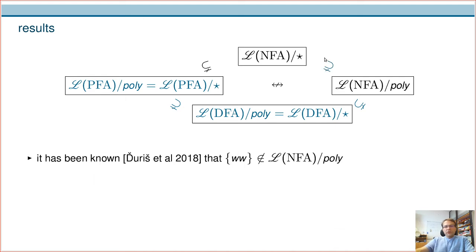Further, for this, it has already been known that, for example, WW cannot be recognized by non-determinism with polynomial advice, and of course, non-determinism with unlimited advice can recognize all languages. So this is again a strict inclusion.